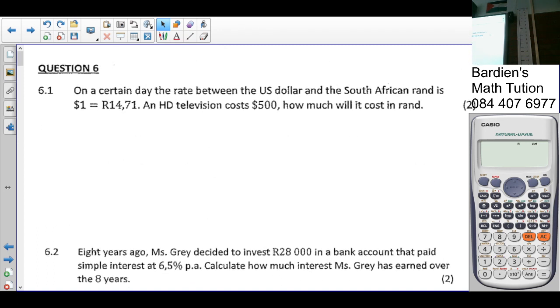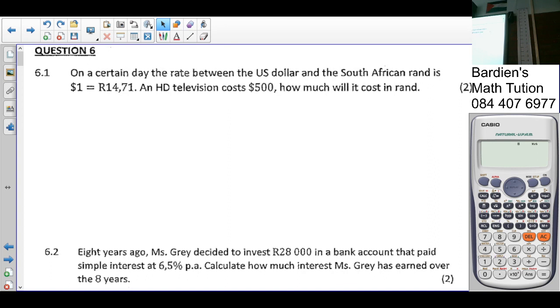So it's question 6.1. Now we're going to financial maths. We are told that on a certain day the rate between the US dollar and the South African rand was $1 equals 14.71 rand. An HD television costs $500. How much will it cost in rand?